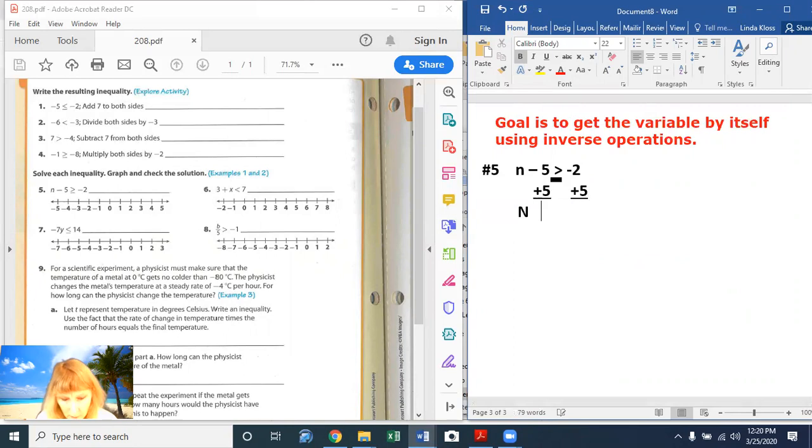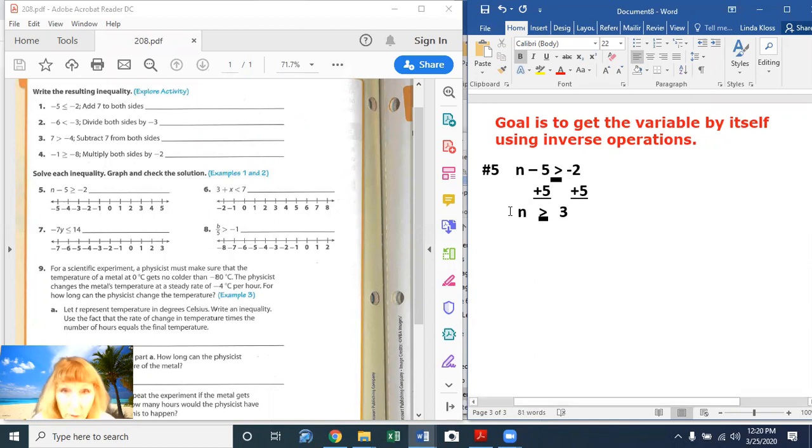So I end up with n is greater than or equal to, let's draw my equal to, what? -2 plus +5, +3. And it should be a small n.